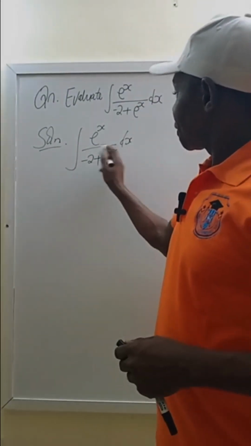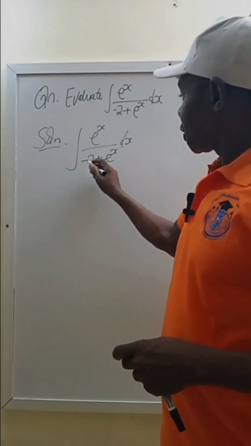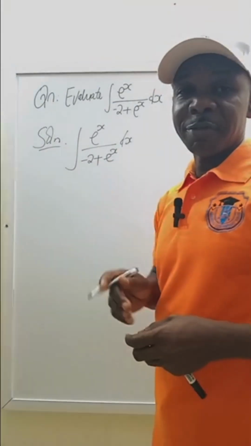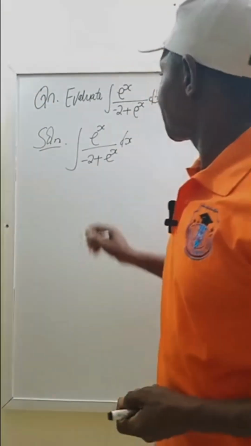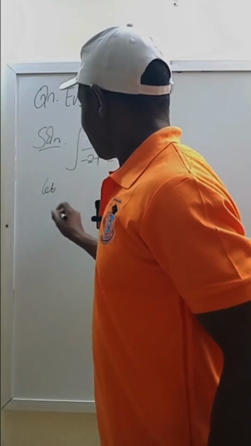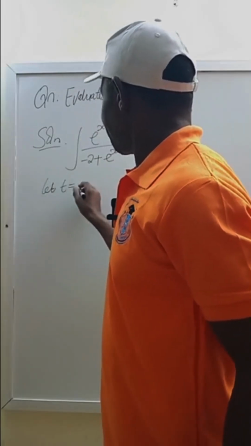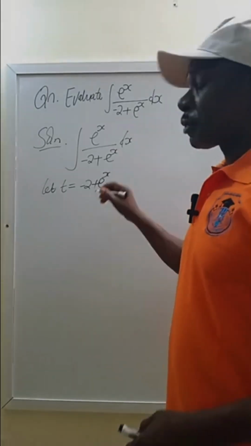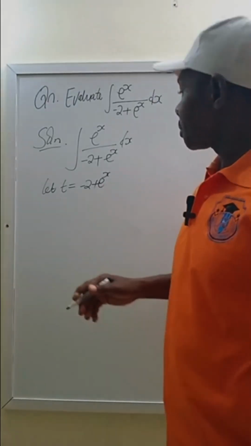Now let's substitute negative 2 plus e power x with a certain variable, say t. So we shall say let t be equal to -2 plus e power x. We are trying to do integration by substitution.